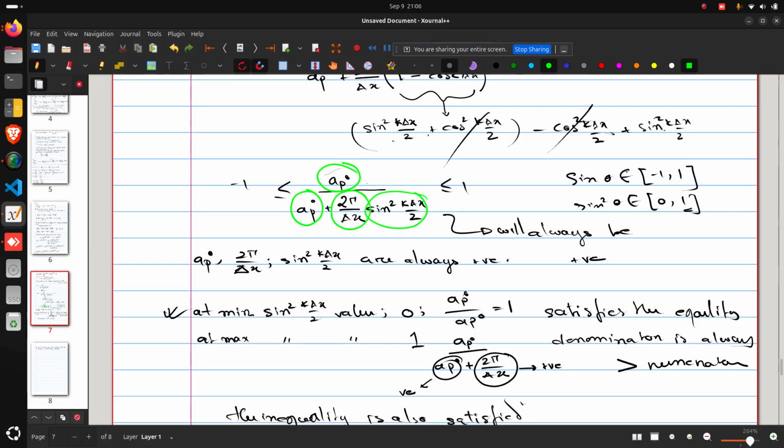We are only adding things. So if all the things are positive and we are not subtracting anything, then this whole thing will only be positive. No, it has no way to become negative. No, not at all. So since this term is always positive, this inequality is always satisfied.